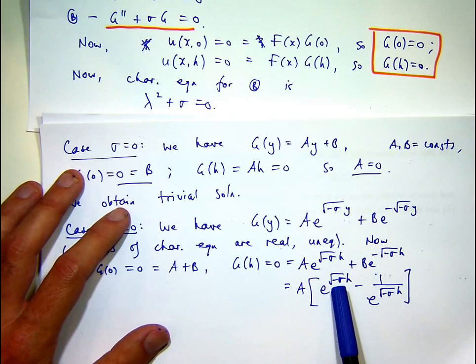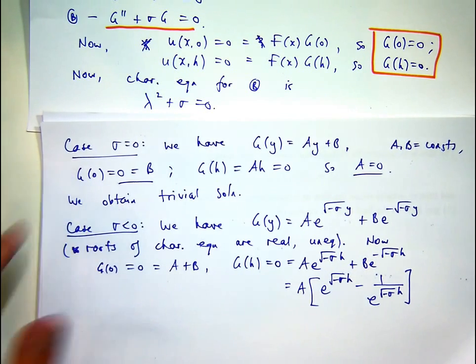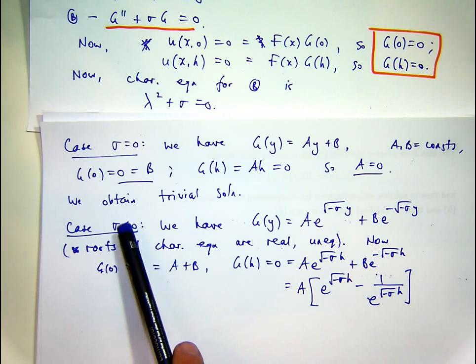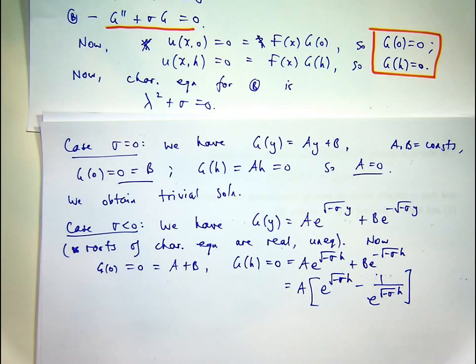Okay, that's a negative sigma there. So if that bottom line is equal to 0, well, either A is 0 or the thing in the square brackets is 0. Now, trust me, the thing in the square brackets cannot be 0. The only way it can be 0 is if the sigma is 0, because then you get 1 minus 1. But hang on, sigma can't be 0 because we're discussing the case when sigma is negative.